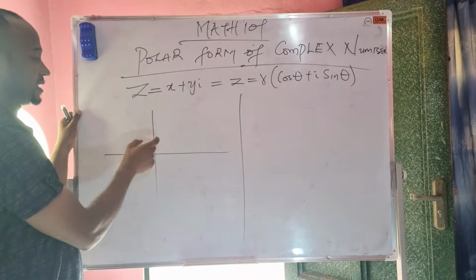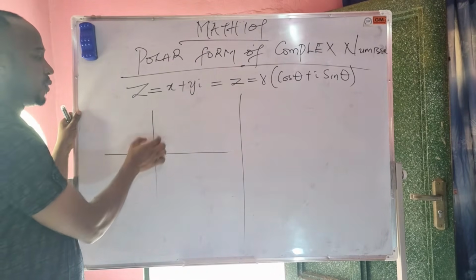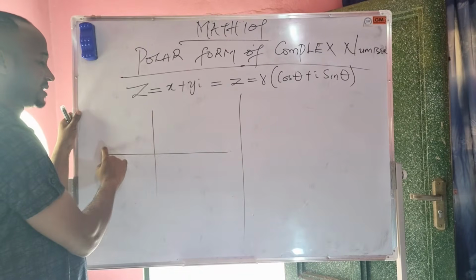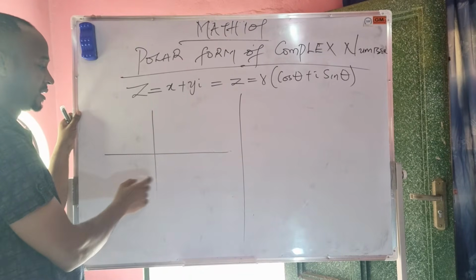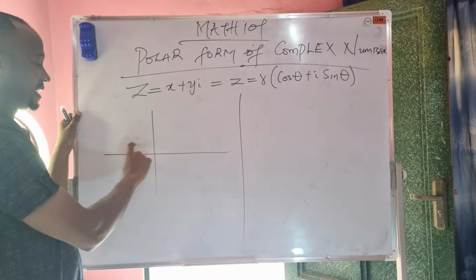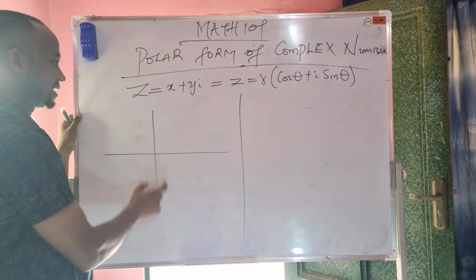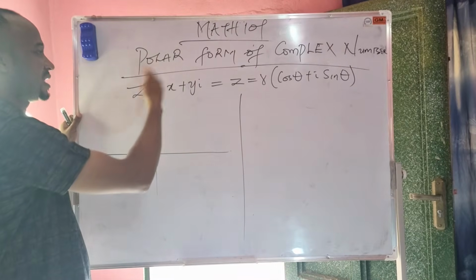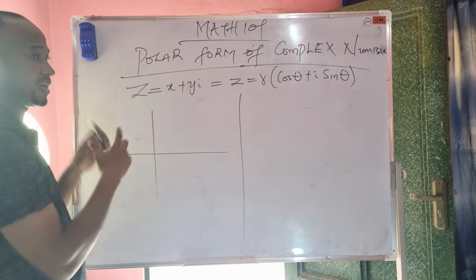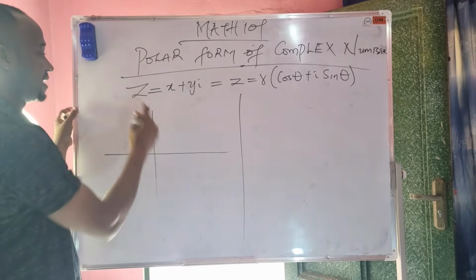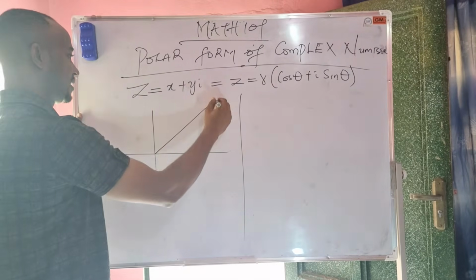In the second quadrant, y is positive, x is negative. In the third quadrant, y is negative, x is negative. In the fourth, x is positive, y is negative. Since I'm considering a general case whereby both x and y are positive, the value of my z will fall in here.